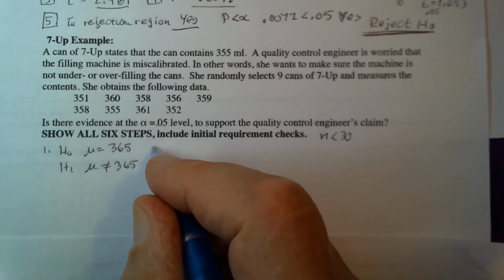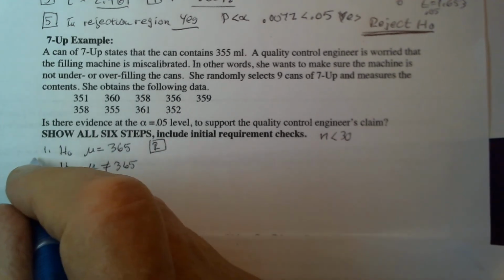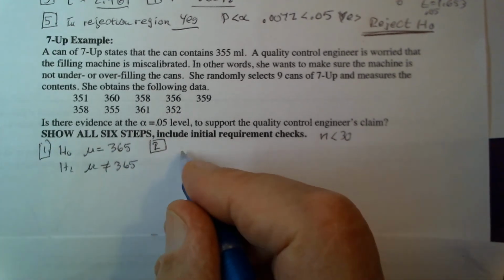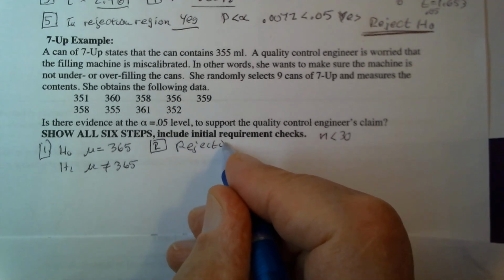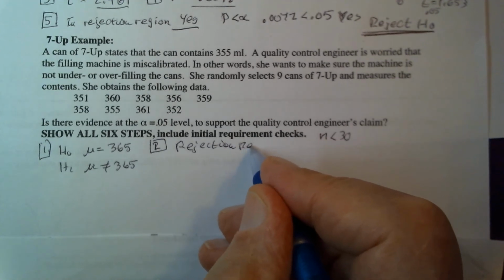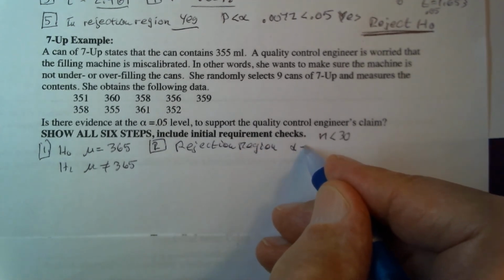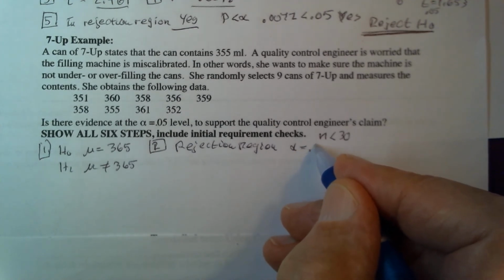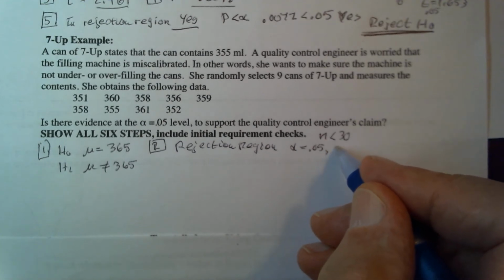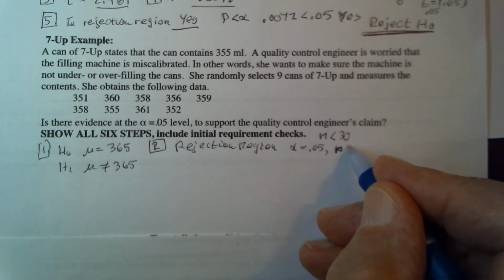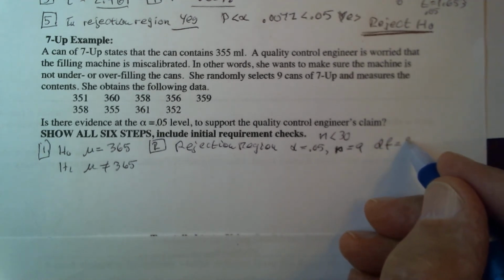And now our rejection region, for alpha 0.05, n equals 9, degrees of freedom equals 8.